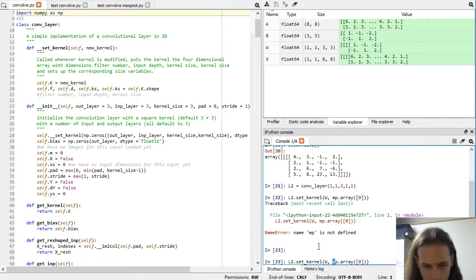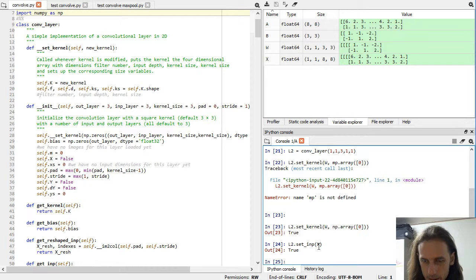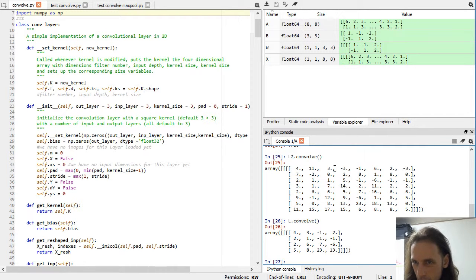Yeah, it's not MP, it's NP, numpy. Then L2.set_input X, and L2.convol, and let's also do just L.convol here. Let's see, this 4 is here, this 3 is here, this -1 is here, this 2 is here, this 2 is here, this 7 is this 7, this 23 is this 23.